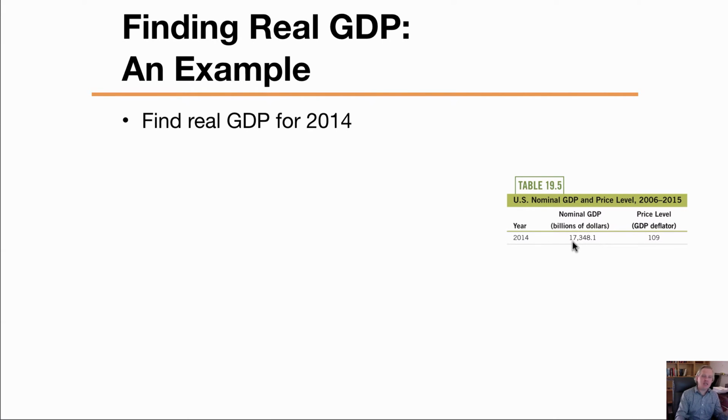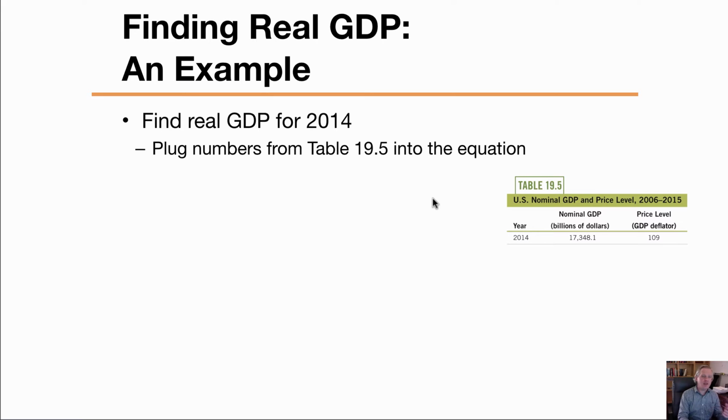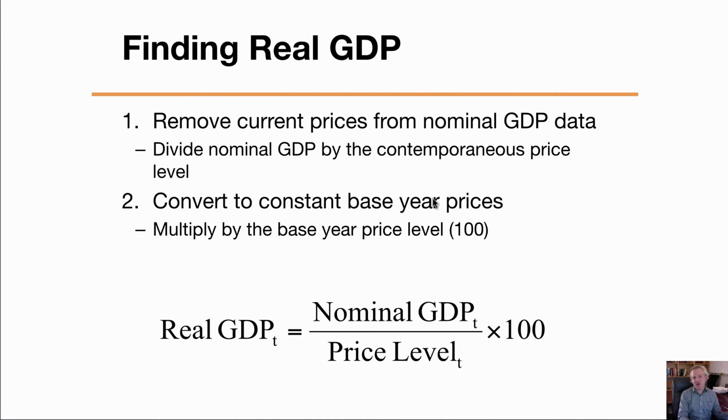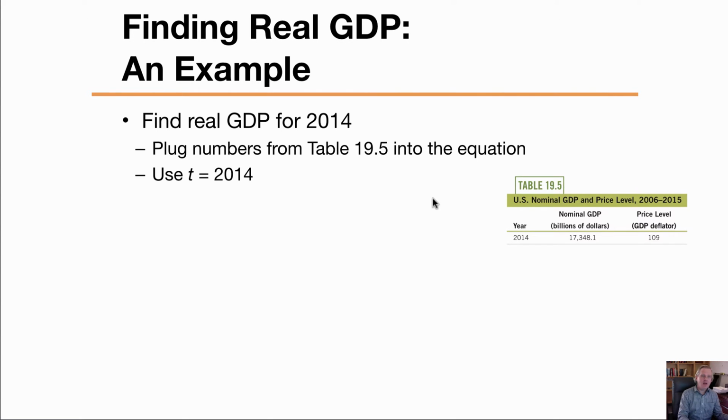So in 2014, the nominal GDP is $17,348 billion, and the GDP deflator is 109. That's the price level. We're going to plug those numbers into this equation right here. This is what we're going to use to find the real GDP. T is 2014, the time period, the year.